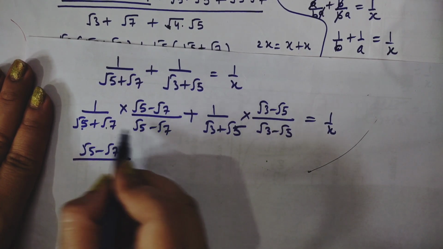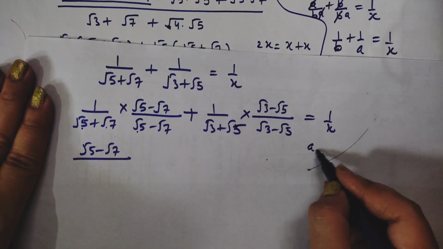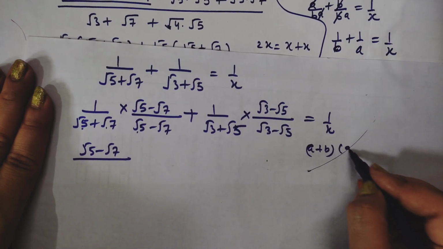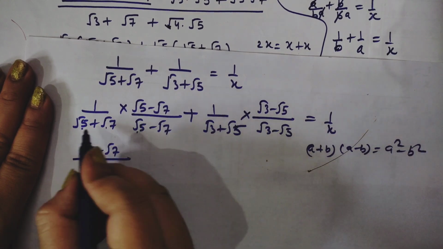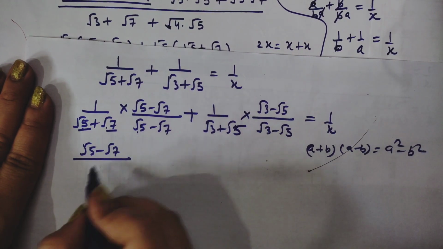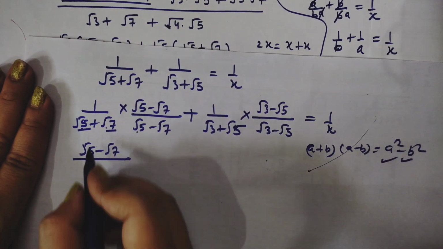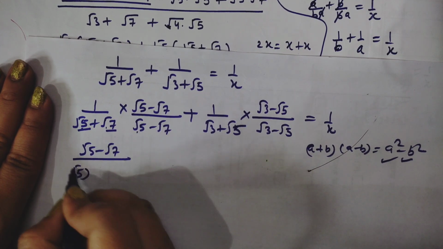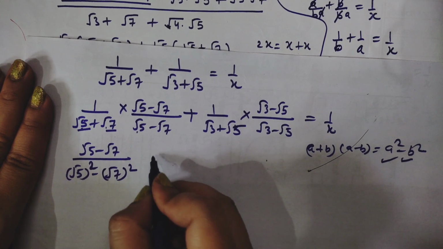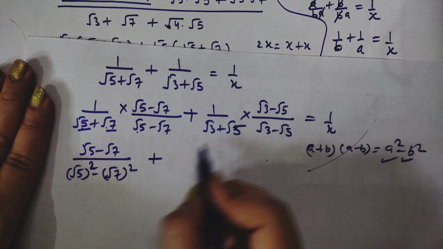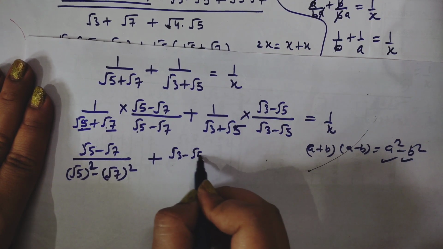This is a plus b and a minus b. The identity of a plus b and a minus b says a square minus b square. So this is a and this is b, so a square minus b square. We are applying this identity here: root 5 square minus root 7 square, plus 1 multiplied by this root 3 minus root 5.